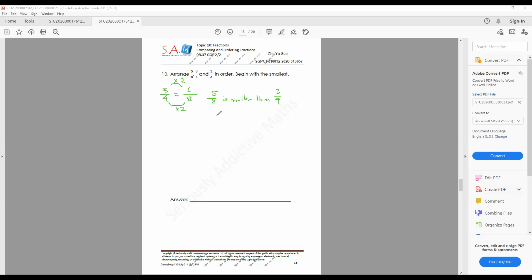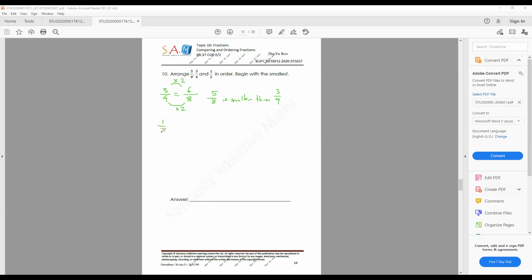Okay, next. What do we compare? Do we compare 3/4 with half, or do we compare 5/8 with half? Think about it. Okay, so we can compare 3/4 and half. How do we compare 3/4 and half?